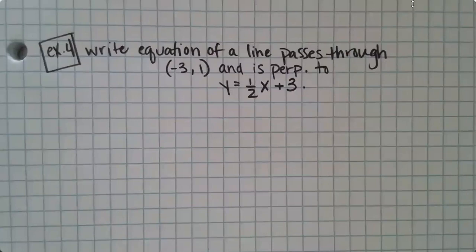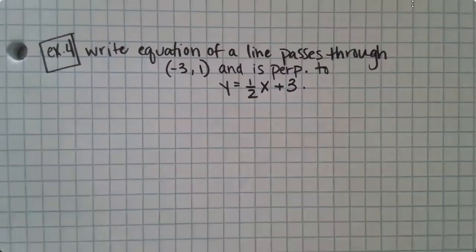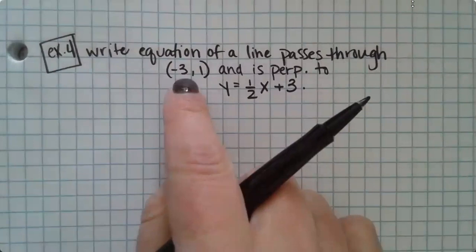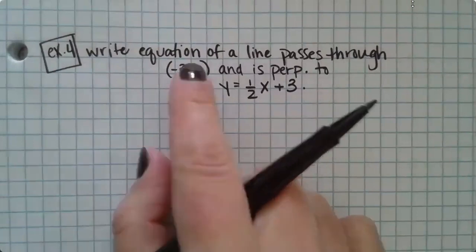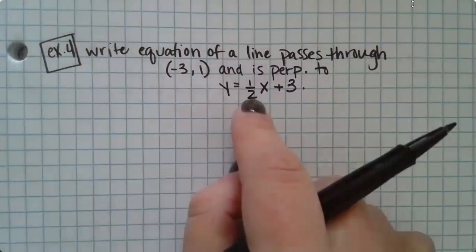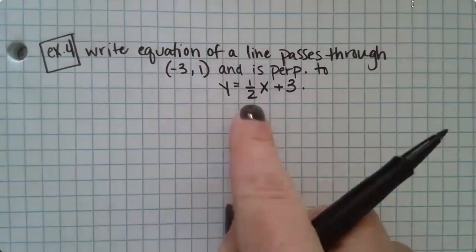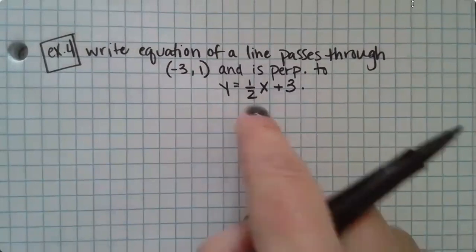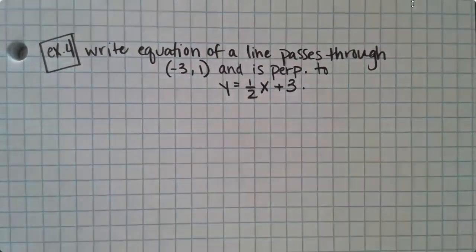All right, so we need to write a new equation of a line that passes through this point. So we have a point. We can also figure out the slope of our new line because we know it's perpendicular to y equals 1/2 x plus 3.